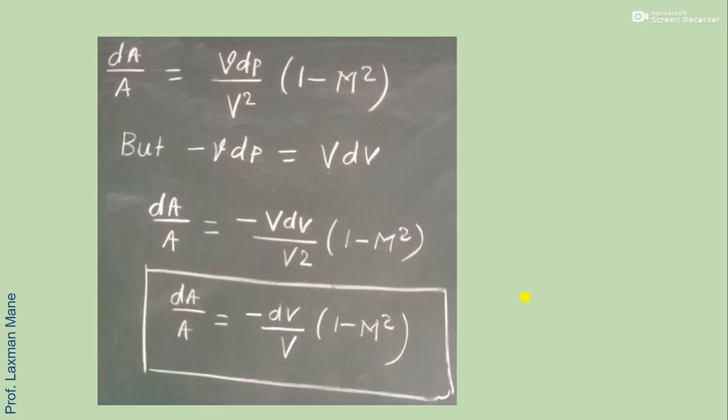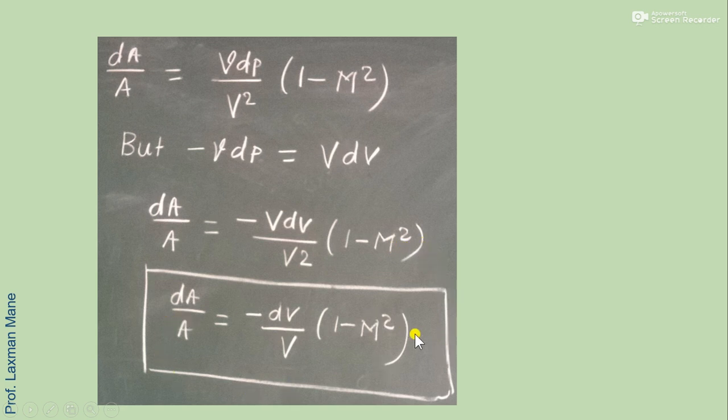So dA by A is equal to VdP by V square bracket 1 minus M square. But already we have seen that minus VdP is equal to VdV. So substituting here, dA by A is equal to minus VdV by V square bracket 1 minus M square.